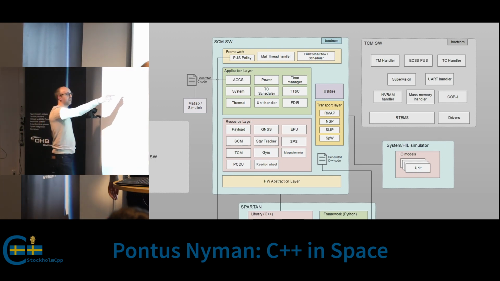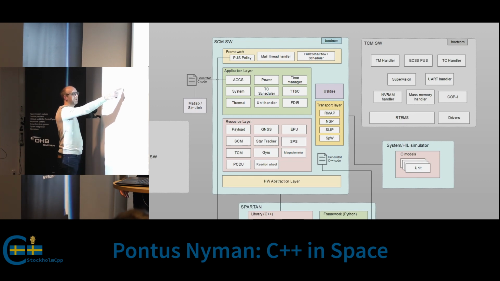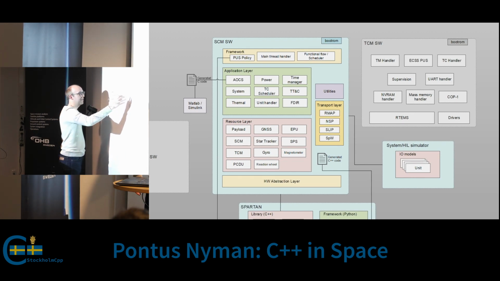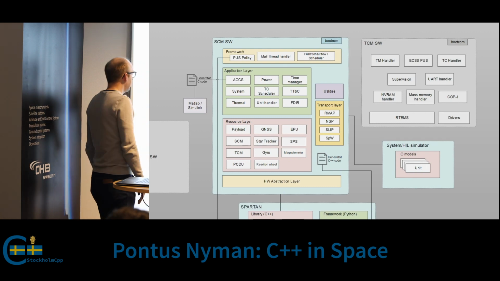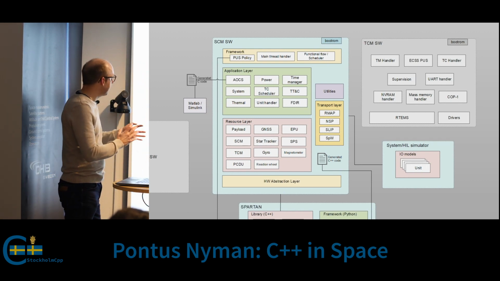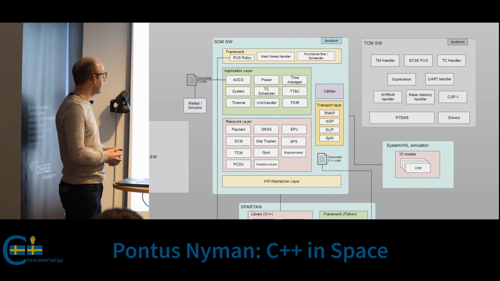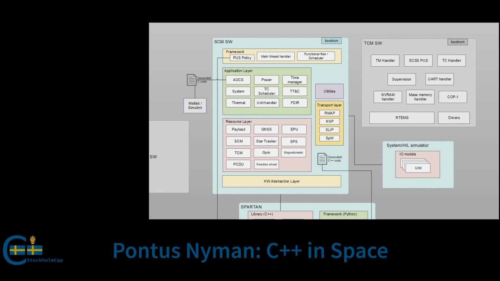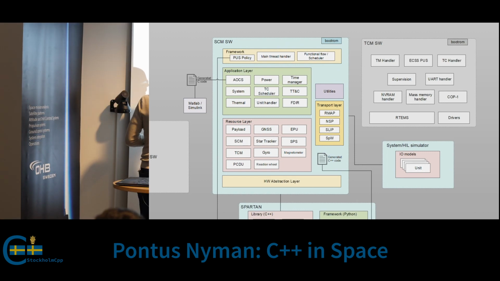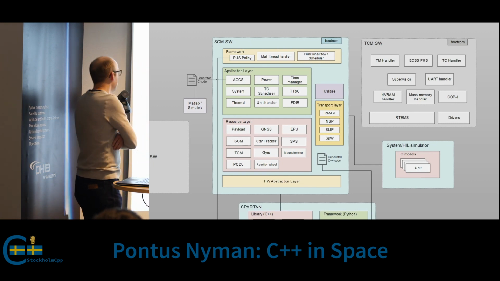So from the ground perspective, they're like modules that you can communicate with directly from ground, from the mission control system. So you can send commands to this one or to this one. You can get telemetry from them separately.